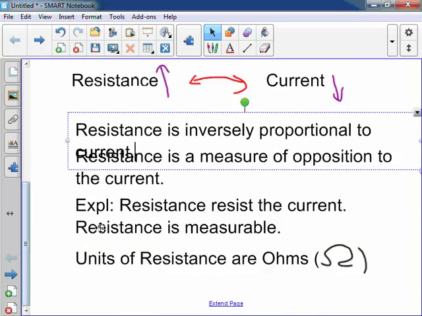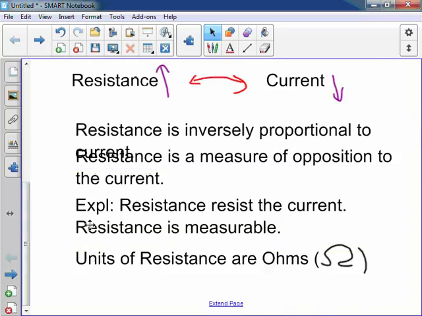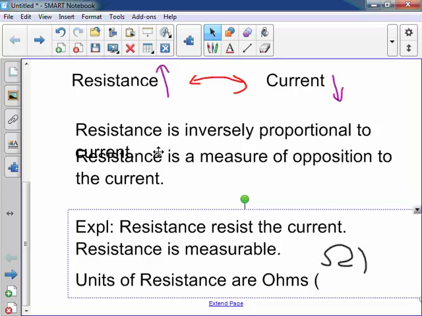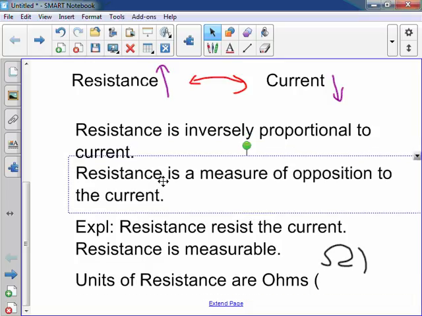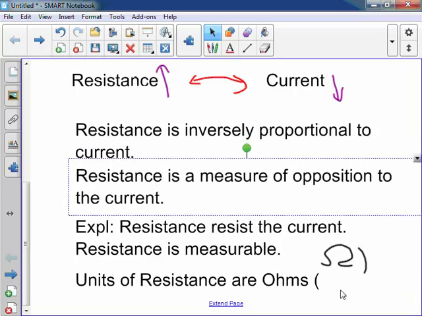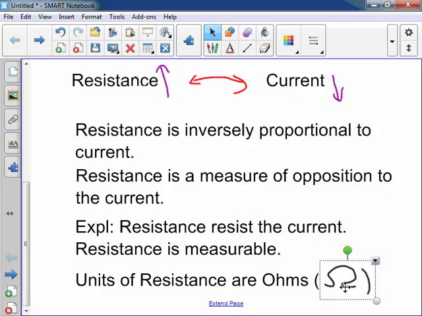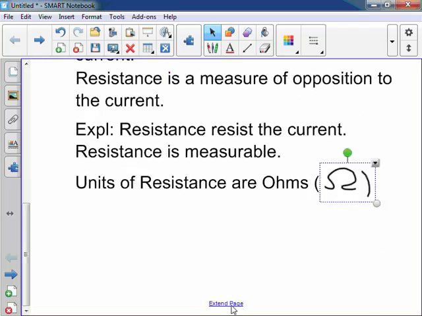And let me arrange this real quick. There we go. Much better.